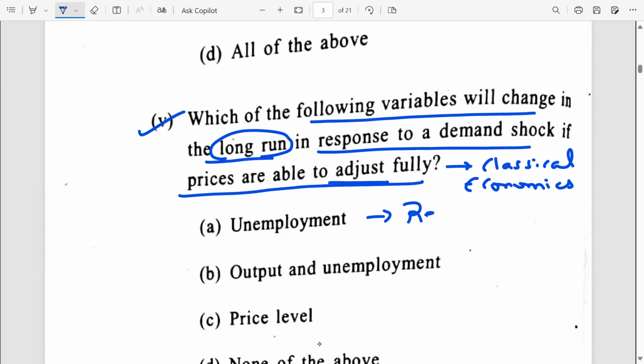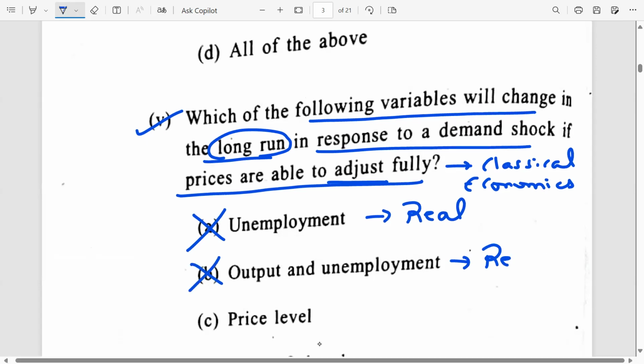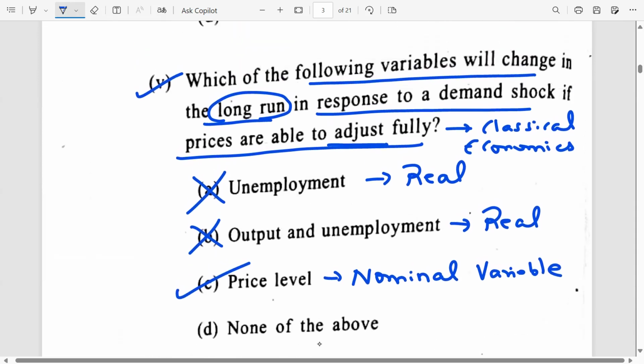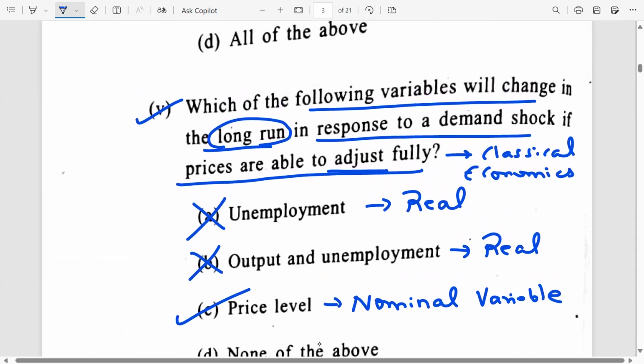Output and unemployment are real variables, so they will not change. In classical economics, the only things which change in the long run are nominal variables. Price is a nominal variable. That means only price will change in response to a demand shock.